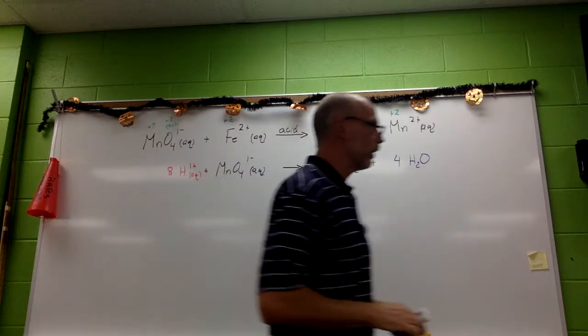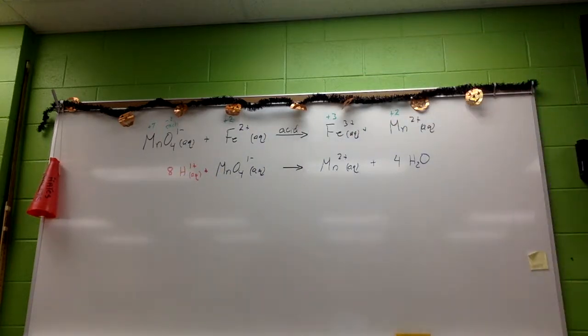Awesome. Now we are going to balance the charge by adding electrons to the appropriate side. Well, on the reactant side, what is my net charge? +7. On the product side, what is my net charge? +2. So we have a deficiency of electrons on the product side.